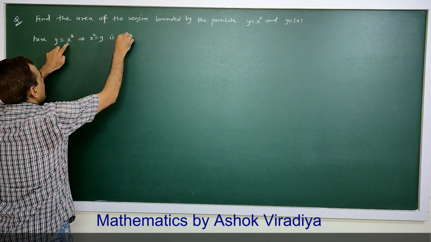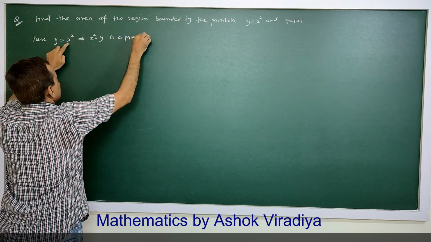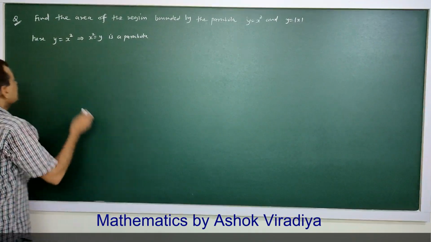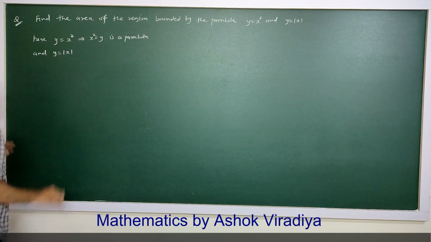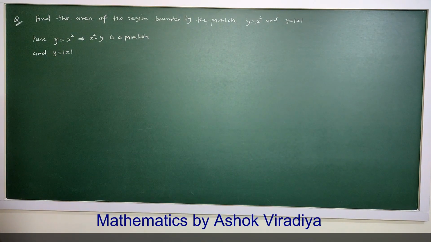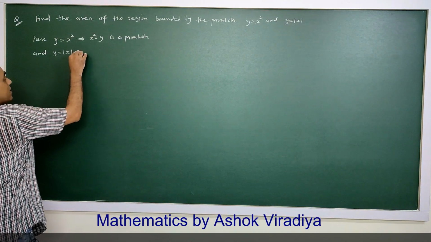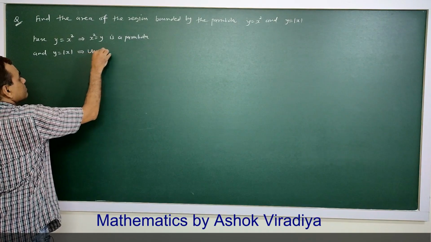It is a parabola, and y equal to modulus x. f(x) is modulus x. It is a union of two rays.